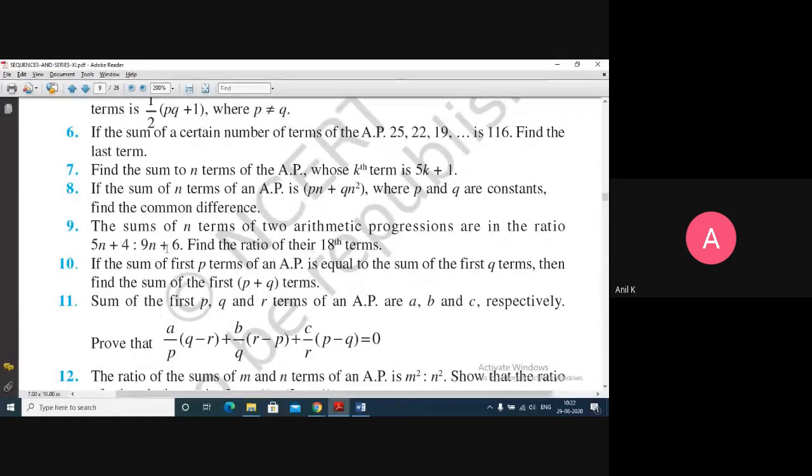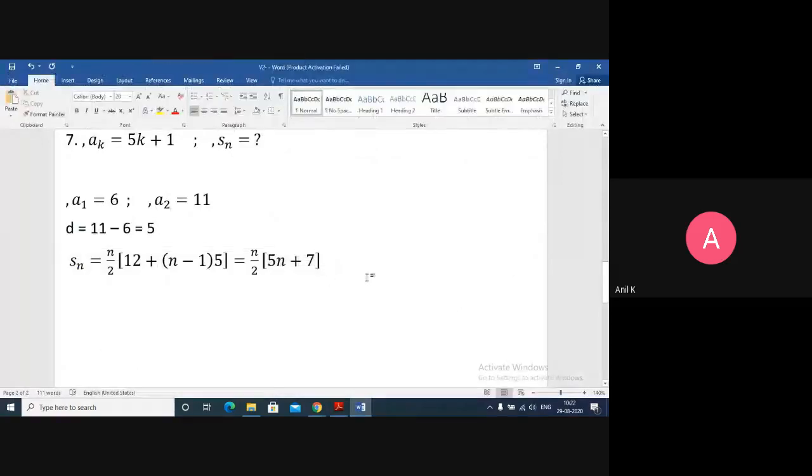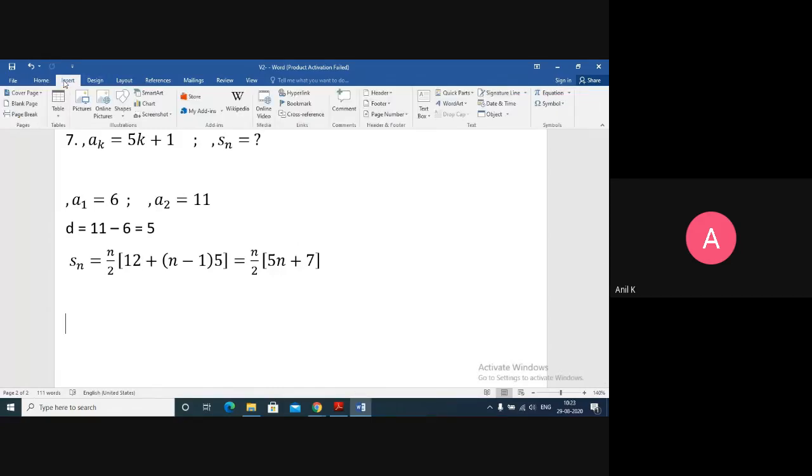Let me take this. These are the sums of n terms of two arithmetic progressions. That means here I have two different arithmetic progressions, the first and the second, and the ratio of Sn of the first arithmetic progression upon the second is given to you. This is question number 9.